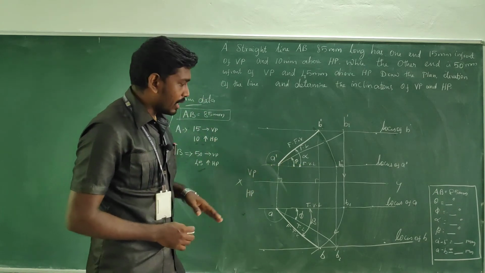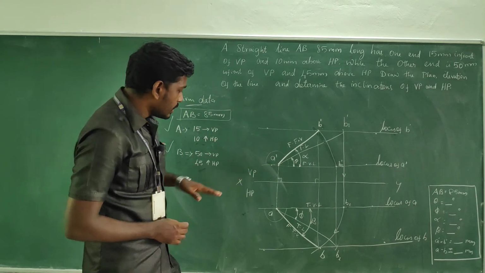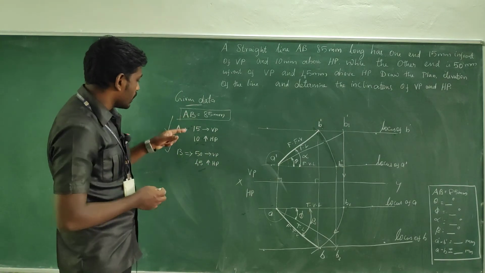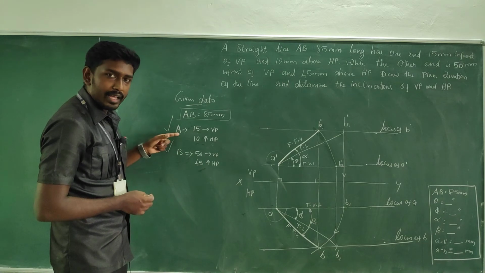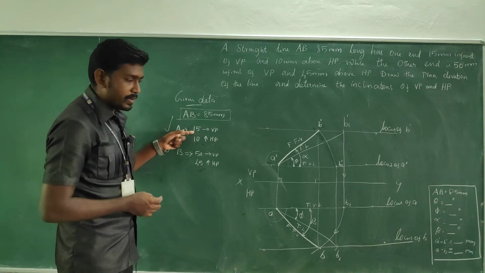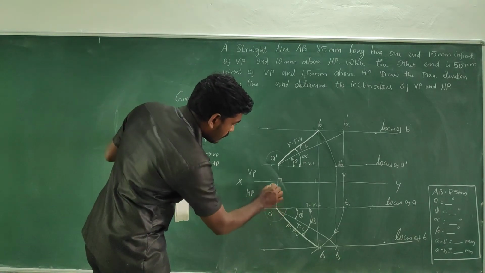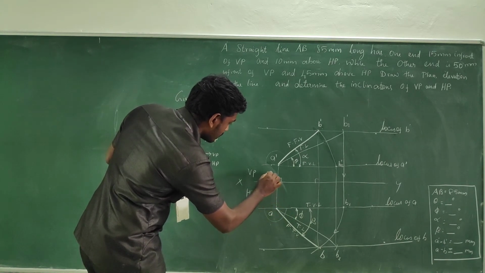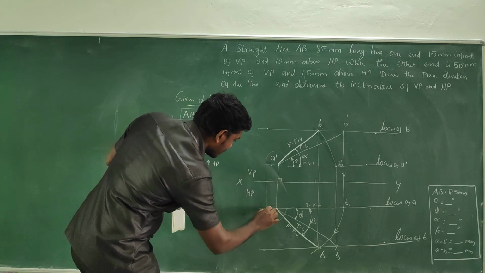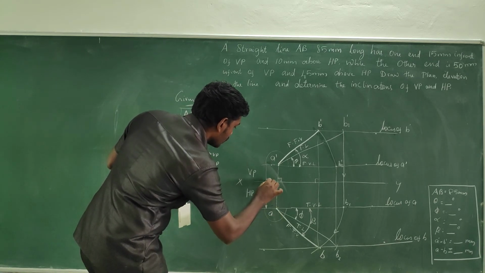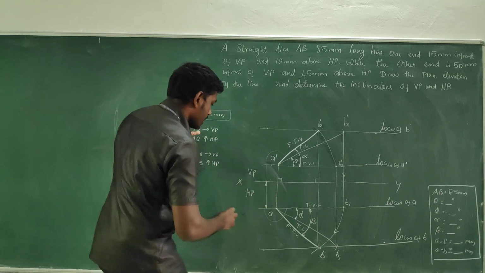Okay, so we have displayed this, and in the diagram we must capture the dimensions as well as the note, right? So here all the measurements about the true length, then the locus of A and B given, should be captured. So see here 15 mm in front of VP, so it can be captured here. For that I am taking a vertical line like this, and this is the exact position where we mark the locus of B, 15 mm.